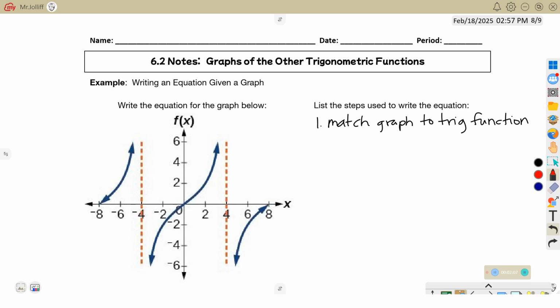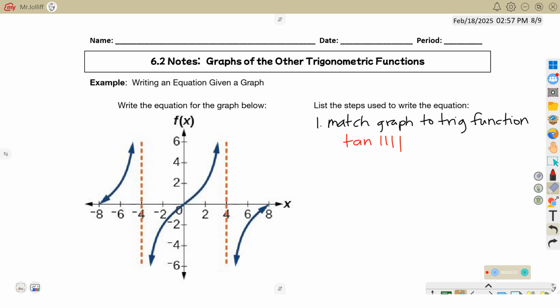Give me a vote. Tan? We've got 1 vote for tangent. Liv, what does your table think? We've got 2 votes for tan. Very good. Emma and LD, what do we think? 3 votes for tan. Desi, what does your table think? Tan. Is there anybody in the room who thinks something other than tangent? No, we all think tangent.